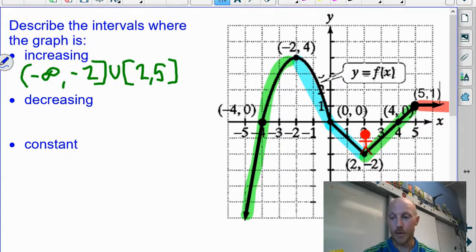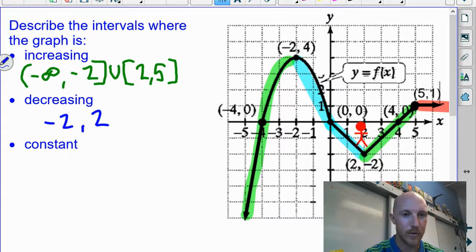Okay, so decreasing. The blue section that we highlighted on the graph before, the graph walker begins decreasing at an x coordinate of -2 and continues to decrease until an x coordinate of +2. So we're going to go -2, +2. Both of those are real places on the graph that really exist, and they're described by real numbers.